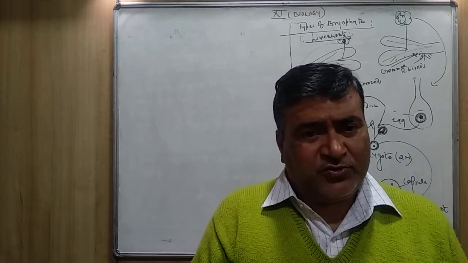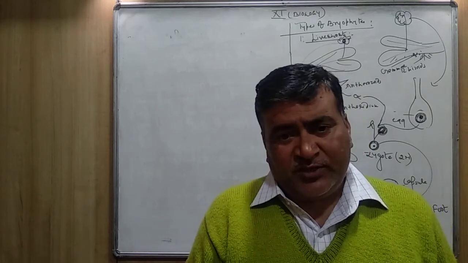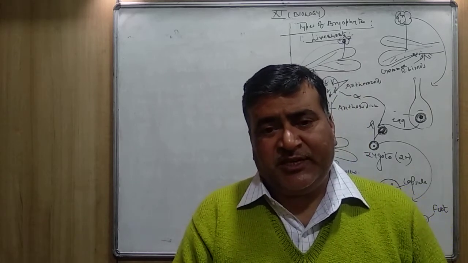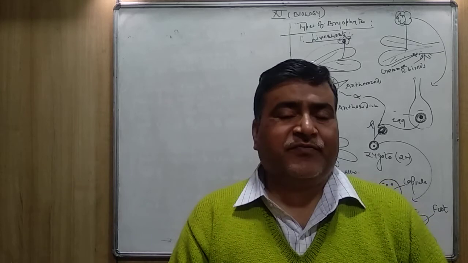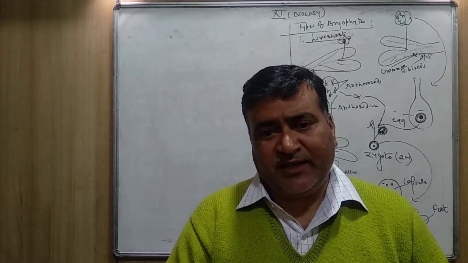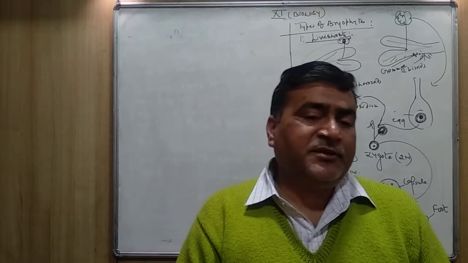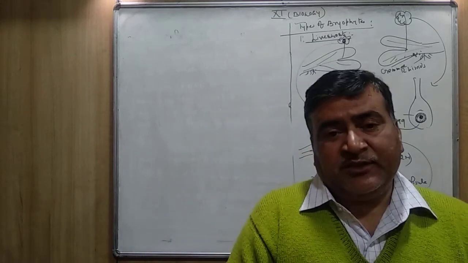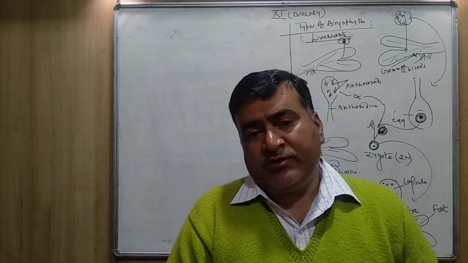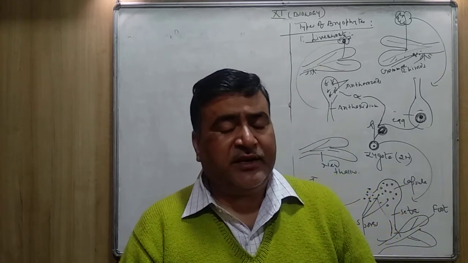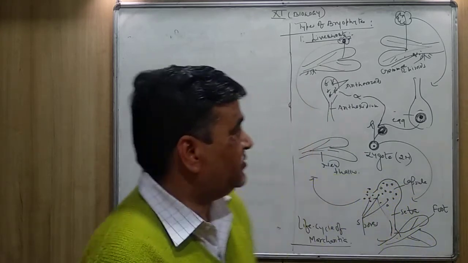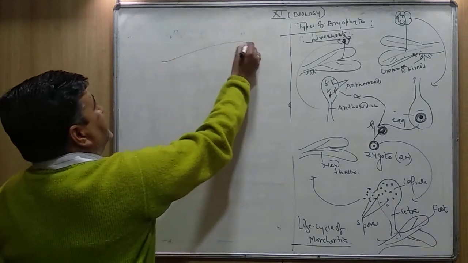There is no true root, no true stem, and no true leaves, but it looks like a leaf-like structure. True leaves, true stems and true roots are absent in the case of liverworts. Suppose I am going to make a diagram like this.